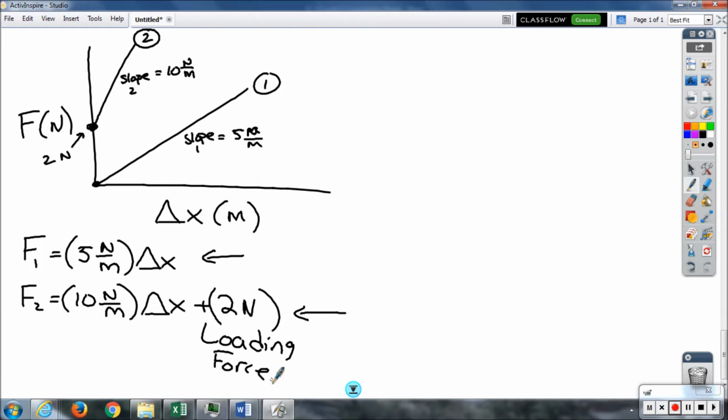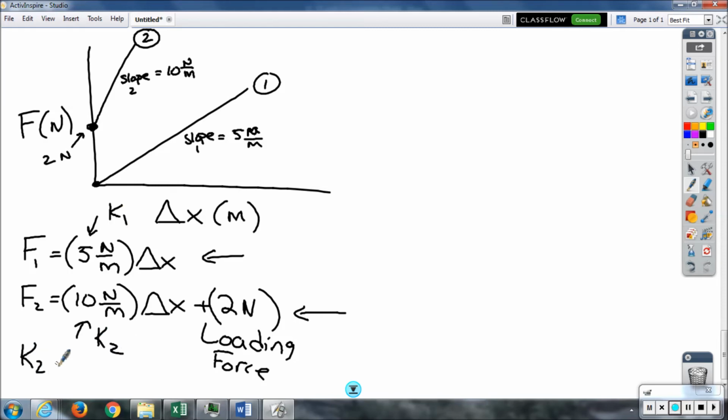Now, what do the slopes tell us? The fact that the slope for F2 is greater than the slope of F1 means that F2, the second spring, spring 2, must be a stronger spring. It is actually twice as strong. So these represent the K values. This is K2, this is K1.